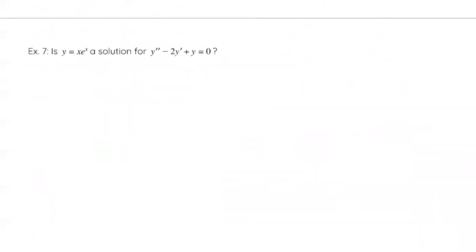All right, we have one more example here of verifying. We're not going to go through this one, but I'm wondering if you can help me set this up. Okay, so y equals x e to the x. If I want to find y prime, what rule do I need to use?